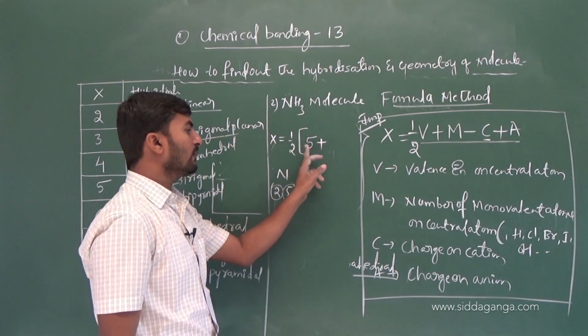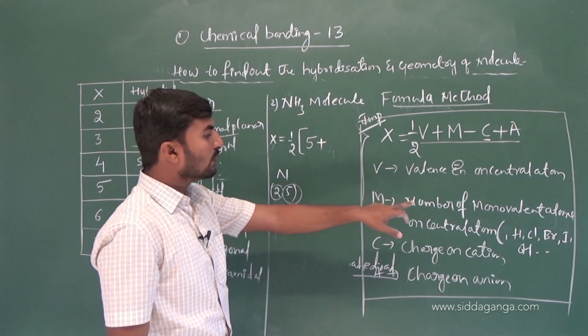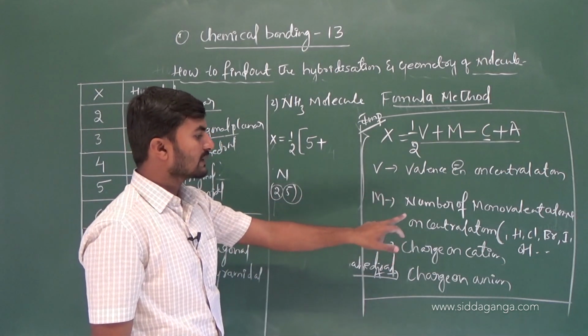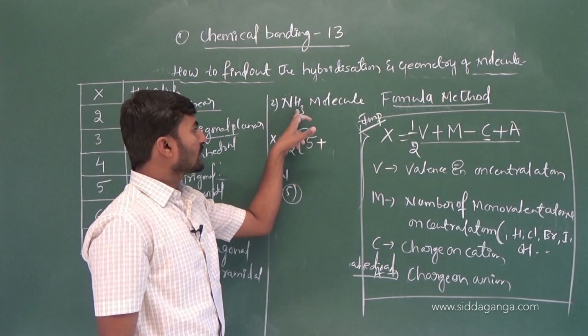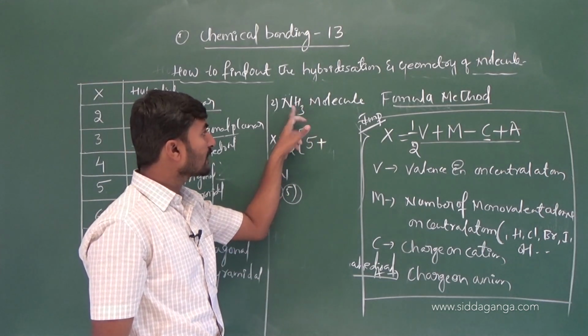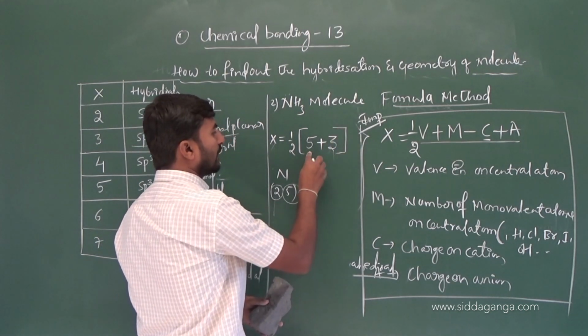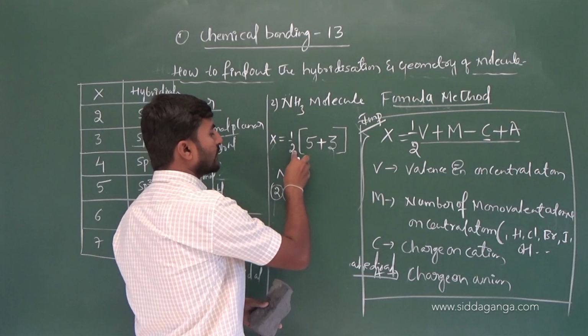Plus number of monovalent atoms on the central atom. Hydrogen is a monovalent atom, then how many hydrogen atoms are there here? 3 atoms. 5 plus 3 is 8, 8 by 2 is 4.